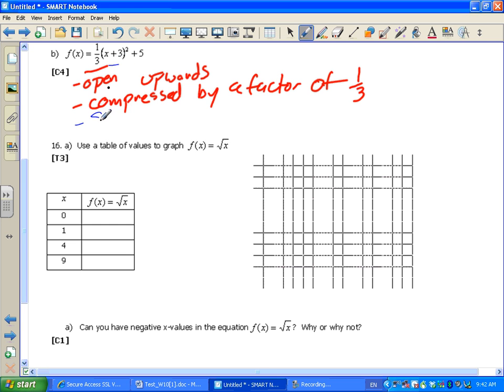Our H is positive 3, so it is shifted 3 units left. And finally, our K is positive 5, so it is shifted 5 units up.